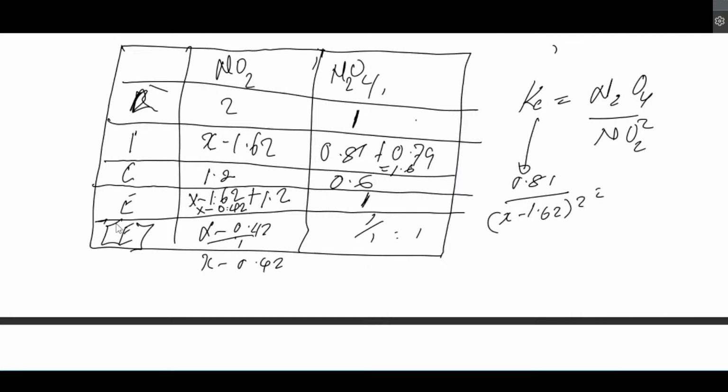This value goes to the Kc, and then now I need to put the expression for this, which is 1 divided by x minus 0.42, which is squared, and then you solve for the x. So you can cross multiply, and then you form an equation which you can solve for x.